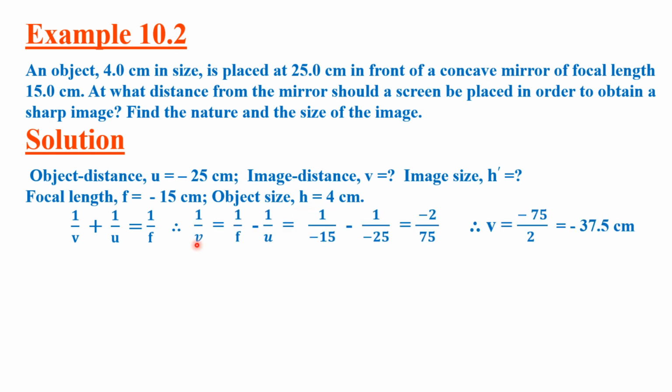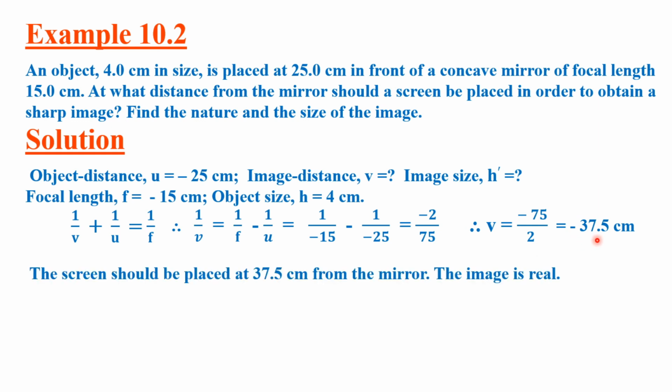Let us put the values of U and F in the equation 1 upon V equals 1 upon F minus 1 upon U. By substituting the values we get V equal to minus 75 upon 2, equal to minus 37.5 cm.